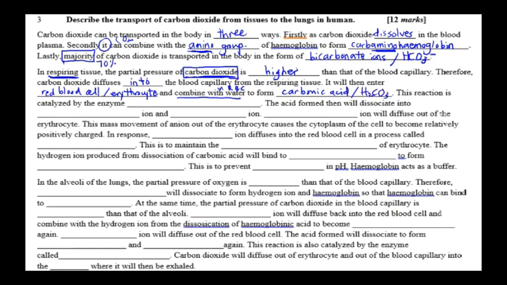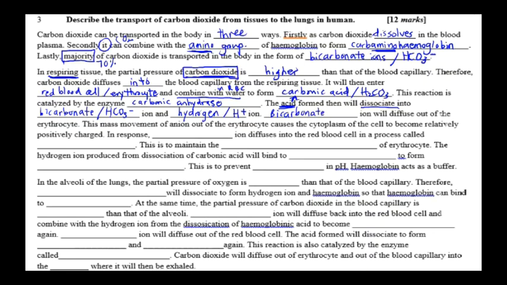This reaction is catalyzed by the enzyme carbonic anhydrase. The acid form, which refers to this carbonic acid over here, will then dissociate into bicarbonate ion. Again, you can just write HCO3 minus and the hydrogen ion, which is H plus.